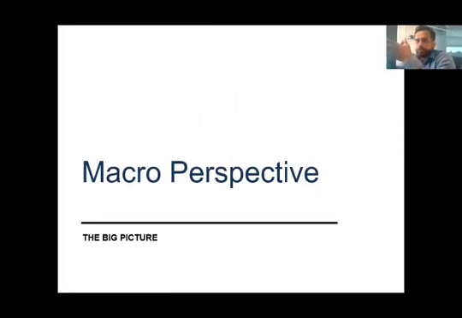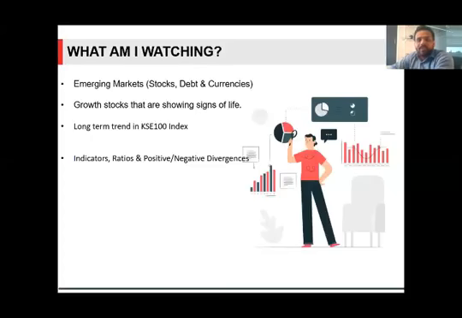I want to start with some preambles here. I think most of the time investors fail to understand what they are doing in the stock market. So I believe your investment philosophy, your belief system, matters a lot before investing in the stock market.